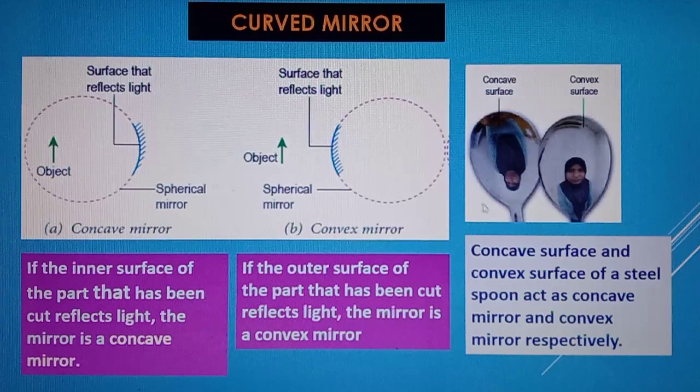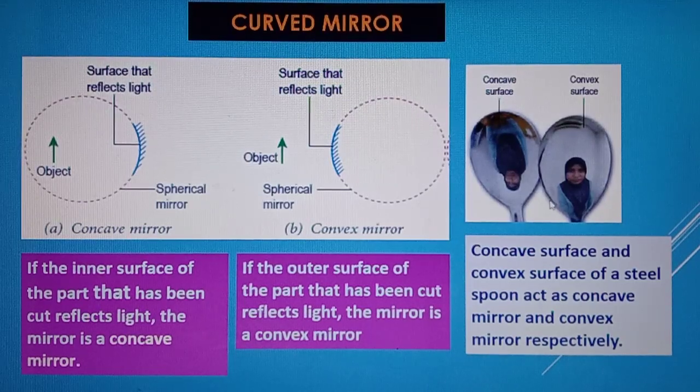Very simple example that you always use every day. There is a spoon. The concave surface and the convex surface of a steel spoon act as concave mirror and convex mirror respectively. So you can look at this one. For the concave shape, which is curved inwards, you can see your image is inverted.